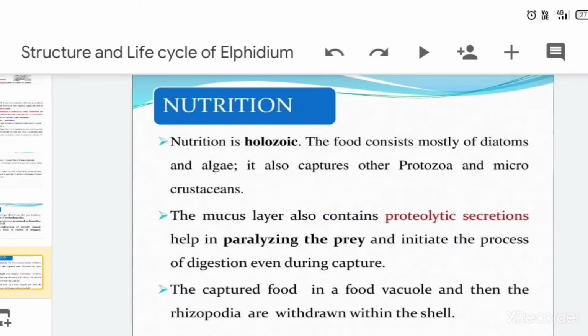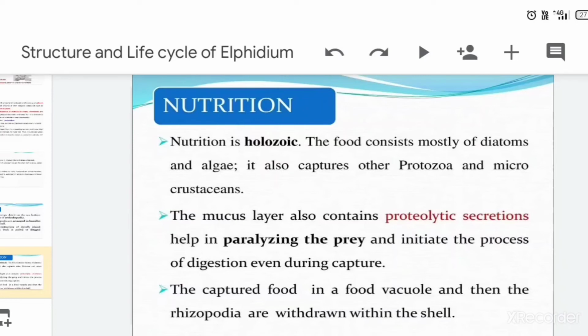Then we come to the nutrition part. Nutrition is holozoic. The food consists mostly of diatoms and algae. It also captures other protozoa and microcrustaceans. So Elphidium depends on other organisms, like protozoa, crustaceans, and many algae and diatoms.